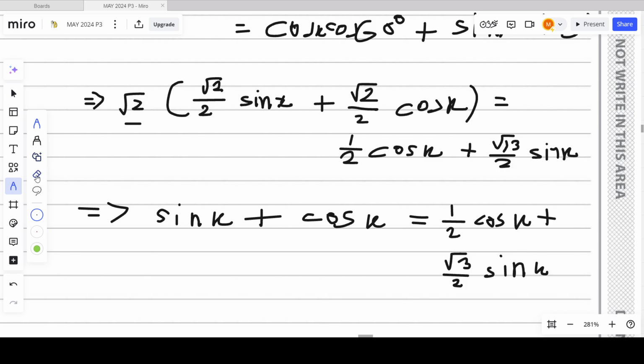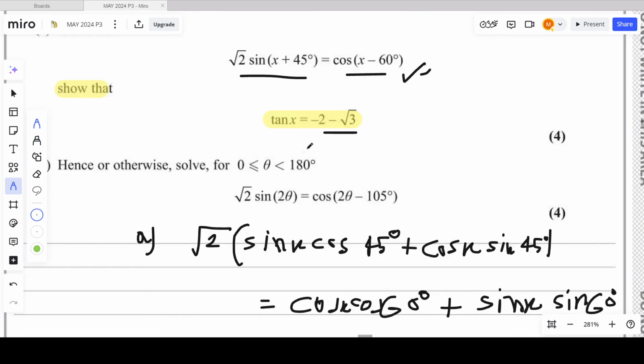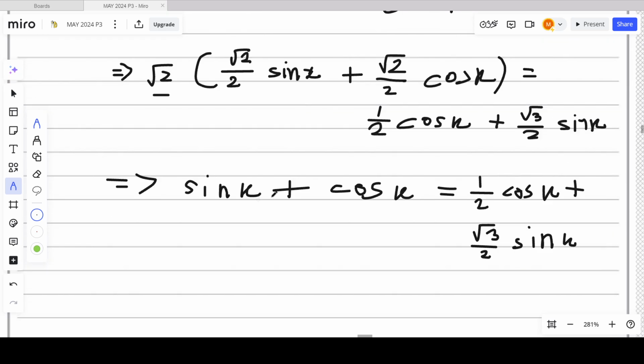Now we need to divide both sides by cos x. Why? Because we want to have tan x.